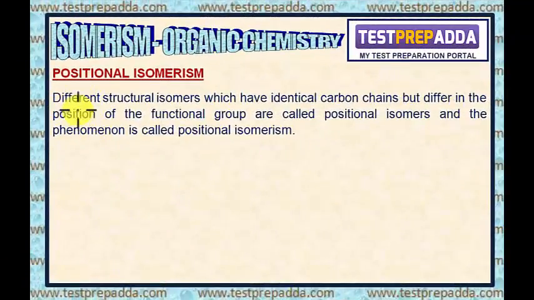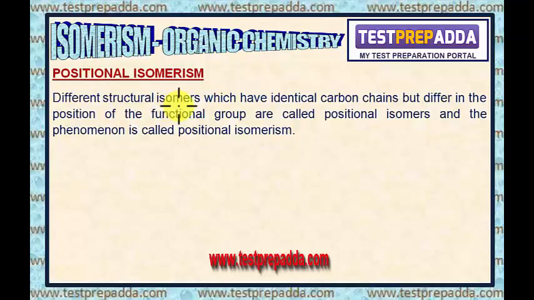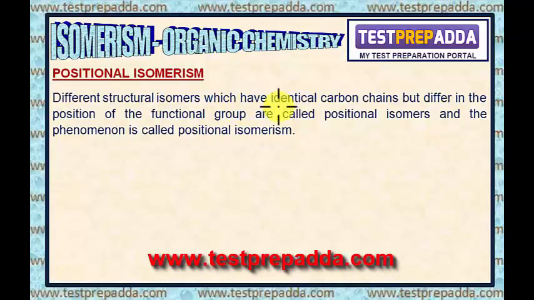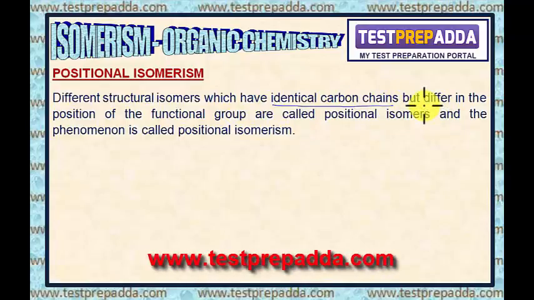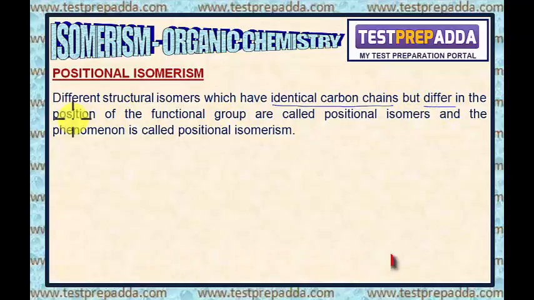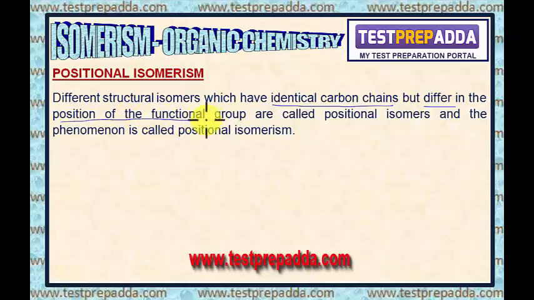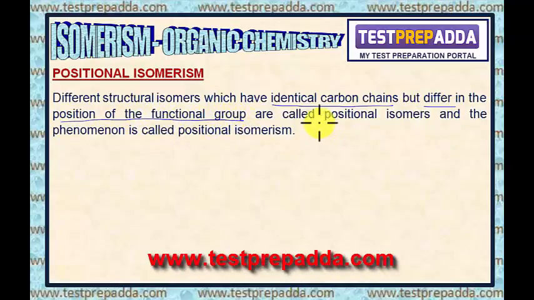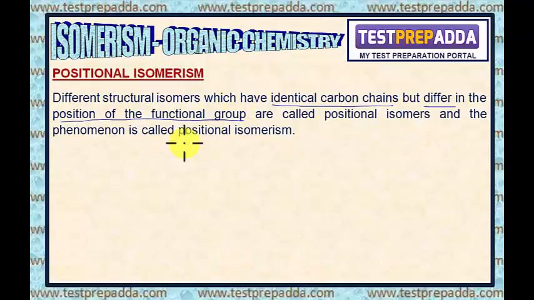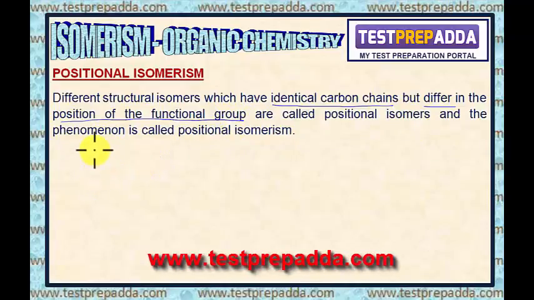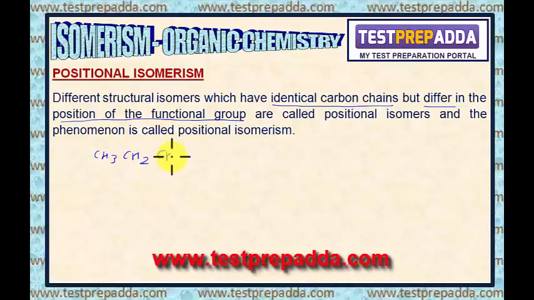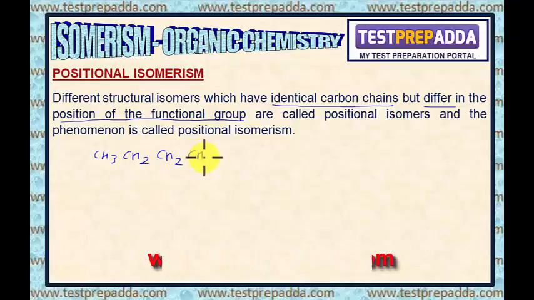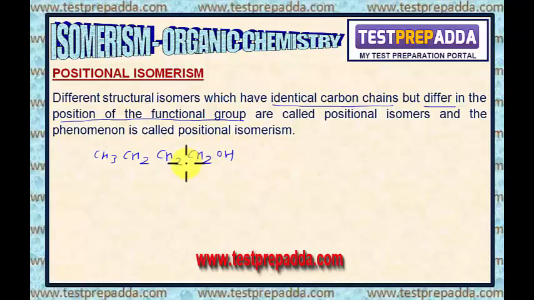Positional isomerism. Different structural isomers which have identical carbon chains but differ in the position of the functional group are called positional isomers, and the phenomenon is positional isomerism. For example, if I take CH3, CH2, CH2, CH2OH.